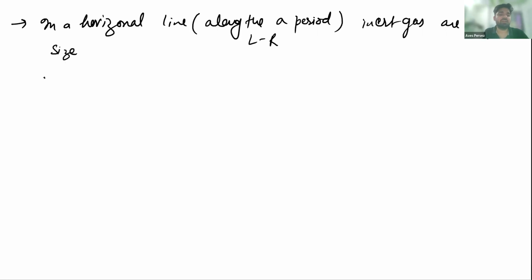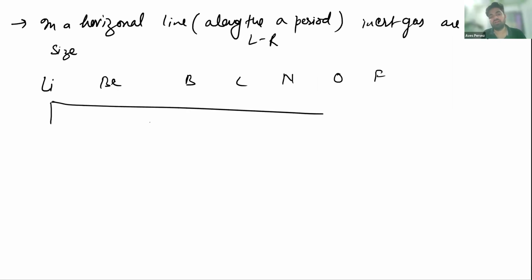For example, lithium, beryllium, boron, carbon, nitrogen, oxygen, fluorine. As we move from left to right, the size of the atom will keep on decreasing.